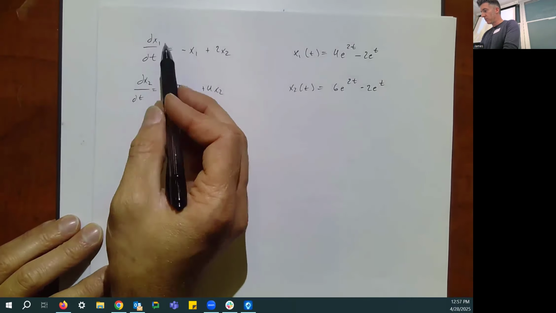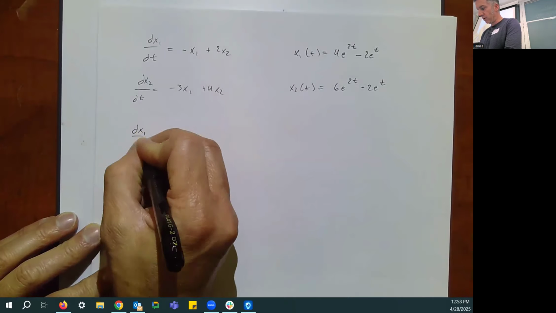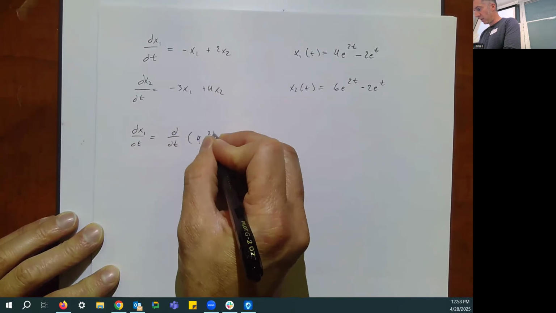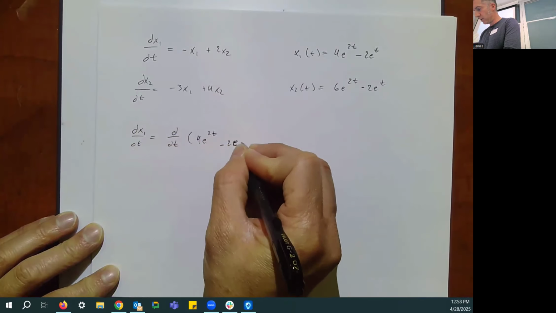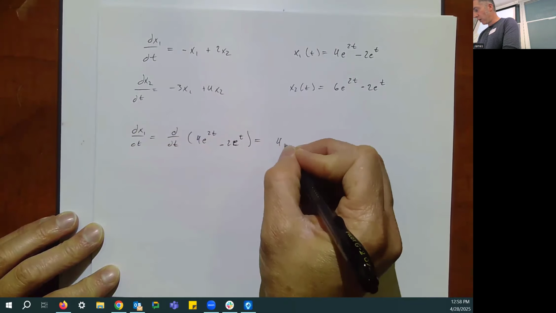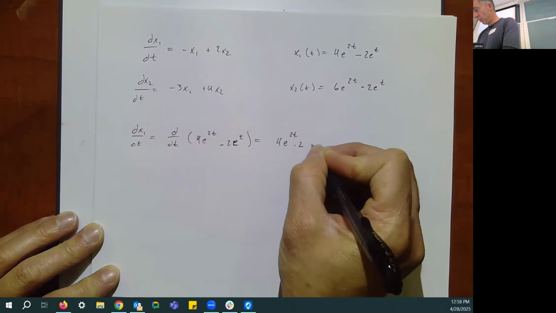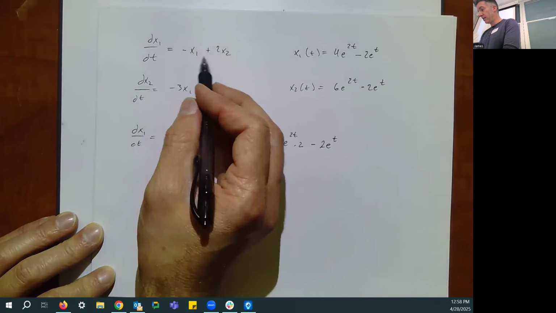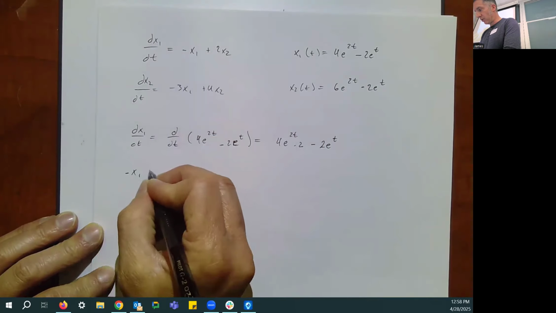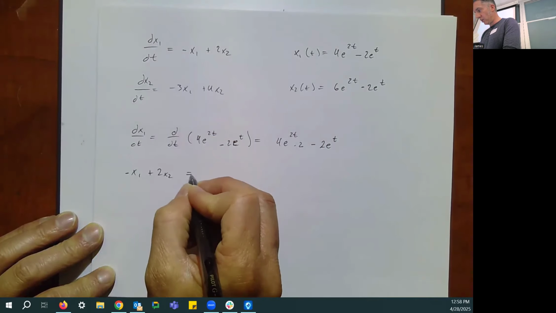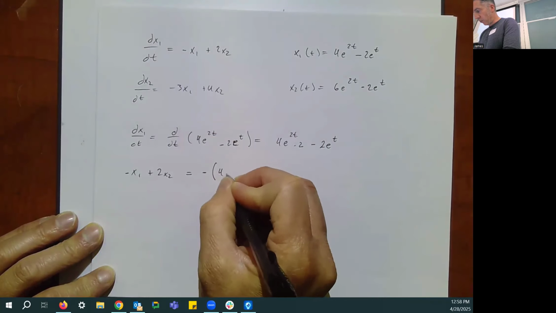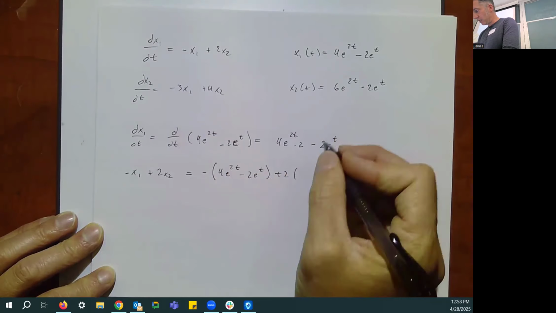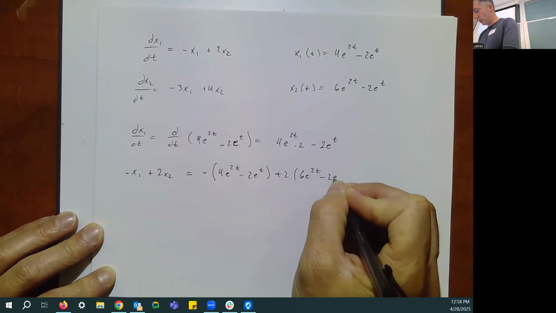If you take the derivative of x1, my derivative of x1 is going to be the derivative of 4e^(2t) minus 2e^t, which is equal to 4e^(2t) times 2 minus 2e^t times 1. And then if you calculate the right-hand side of this equation, negative x1 plus 2x2 is equal to negative 4e^(2t) minus 2e^t plus 2 times 6e^(2t) minus 2e^t.